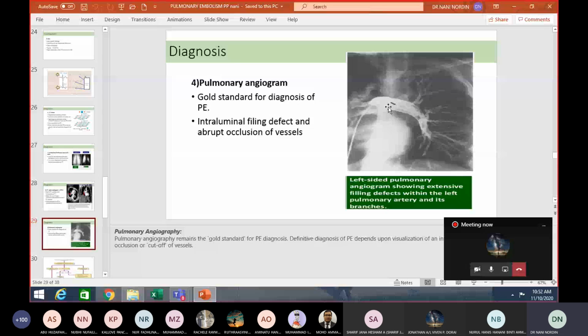Okay, the problem with pulmonary angiogram and CTPA as well, because that's angiogram, is you have to give contrast. So if you give contrast, you need to be very careful with the renal profile. A patient with low GFR, you cannot do this test.